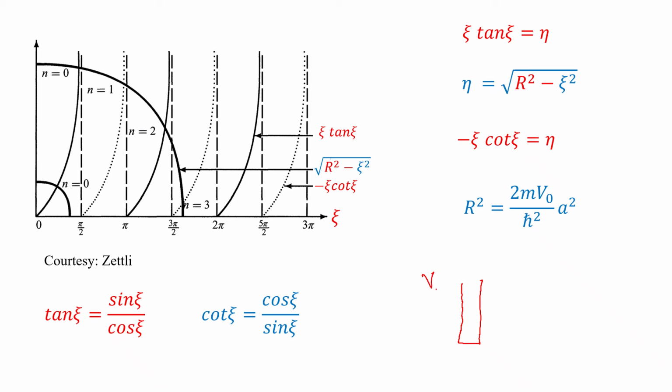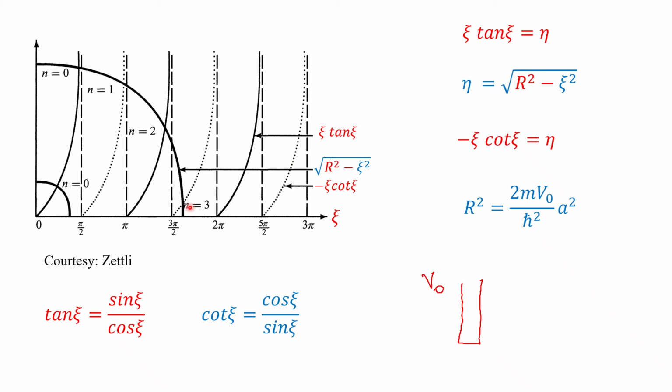Then this is equal to a one-dimensional infinite square well potential. You have more bound states, maybe odd or even. When the depth is very high, it is equivalent to an infinite square well potential. So when a squared increases, the box length increases, then the radius also increases.